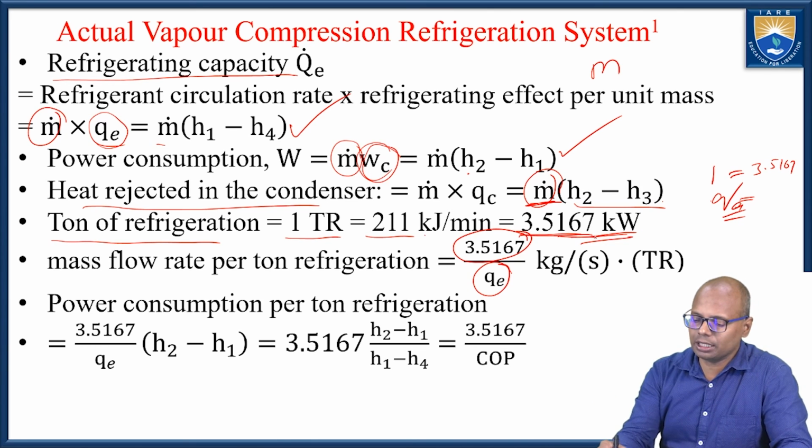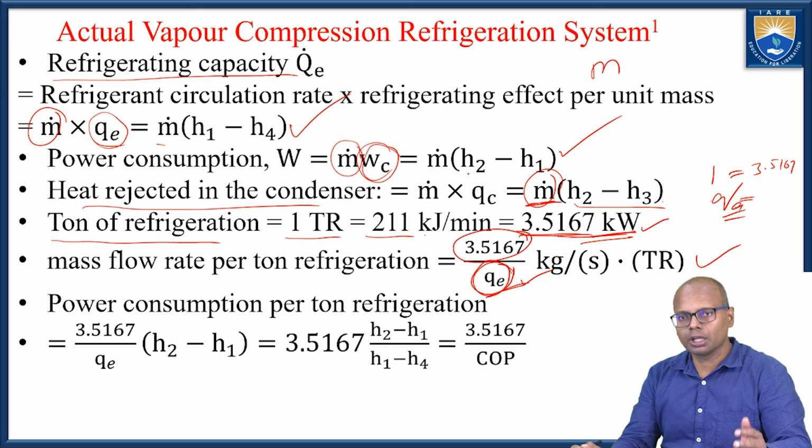This is 1 ton, and this is the refrigeration effect per kg. So, if I divide this 1 ton of refrigeration by the heat removed in the evaporator, which is nothing but the enthalpy increase in the evaporator, I will get the mass flow rate required per ton of refrigeration in the plant. So, that is given by this formula.